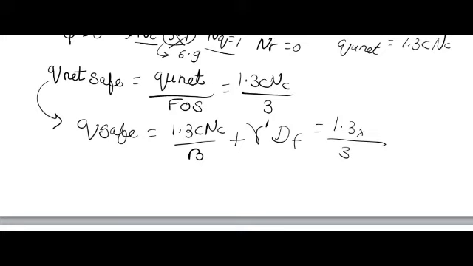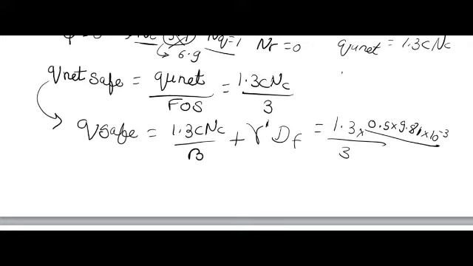So C is given as 0.5 kg per centimeter square, that is 0.5 into 9.81, because kg will convert into Newton. Newton gets converted to kilonewton by multiplying by 10 raised to minus 3.